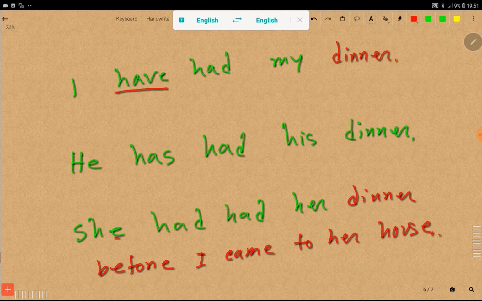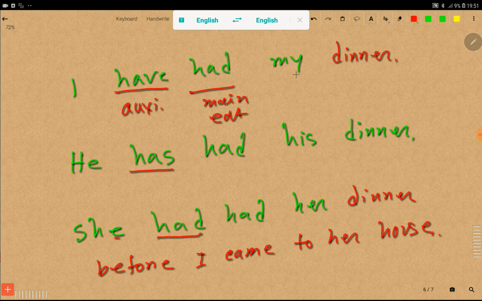Actually, this first have, has, had doesn't have any meaning. This have is helping this verb to form present perfect tense. So this is auxiliary verb, and this is main verb. So this have is helping this main verb to form present perfect tense, right? And the meaning of this verb is eat.